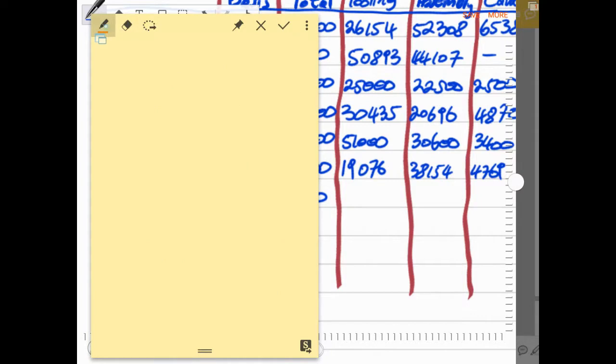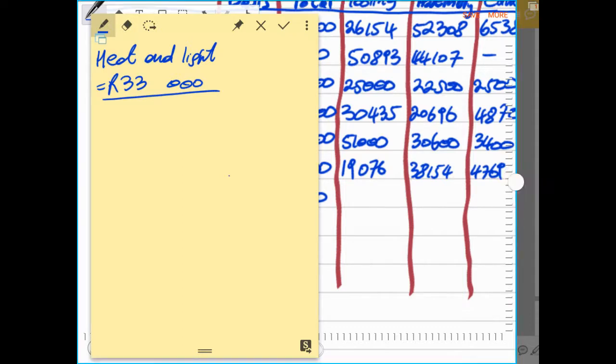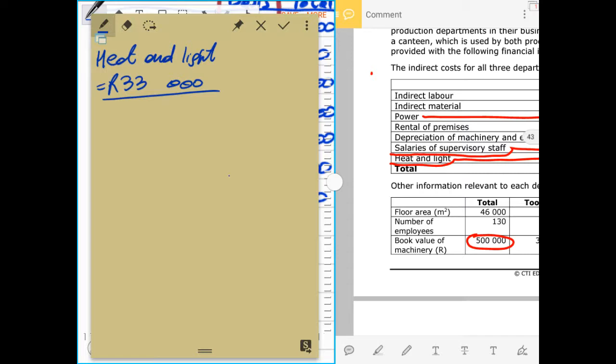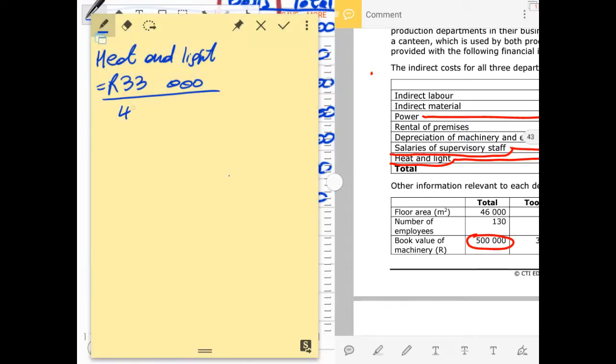So now we calculate our heat and light rate. We say the total of the overhead 33,000 divided by the base, which is the floor space, and the floor space in total from all the departments is 46,000 square meter.